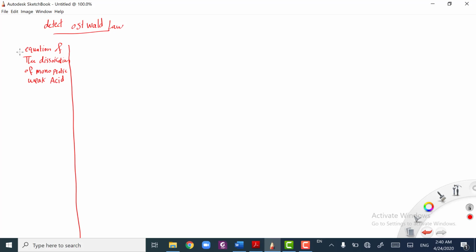Moles at the start of dissociation. Number 2, degree of dissociation. Moles after dissociation. Concentration. Constant of dissociation, Ka, the dissociation constant.